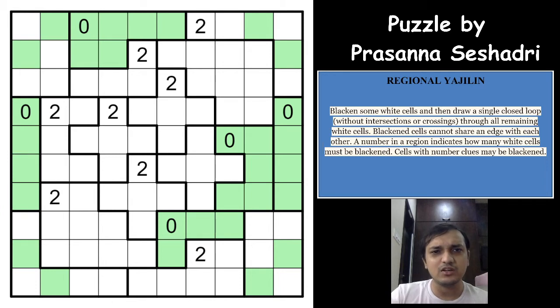One of the tricks that I have explained in my earlier video is that at the edge you cannot have two shaded cells with one cell between them. When you have a shaded cell at an edge, the two cells from it along that edge have to be unshaded. Same way, one row or column away from the edge.